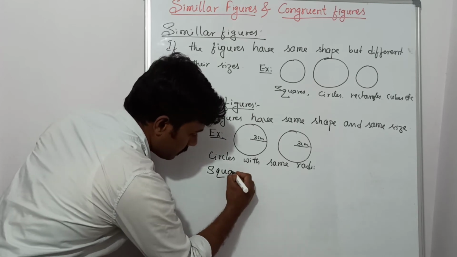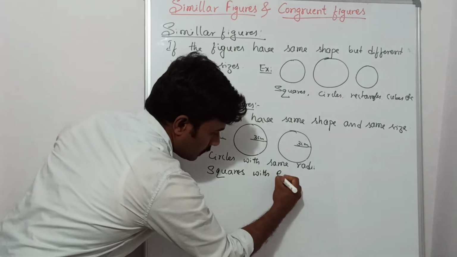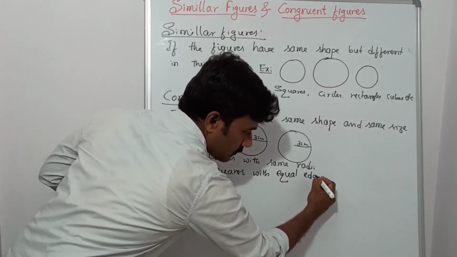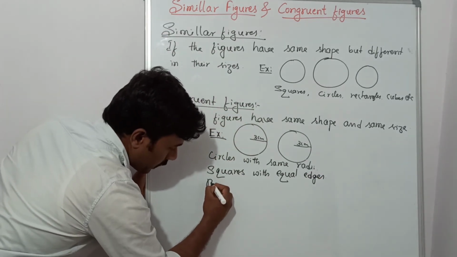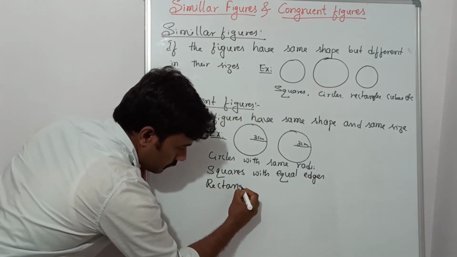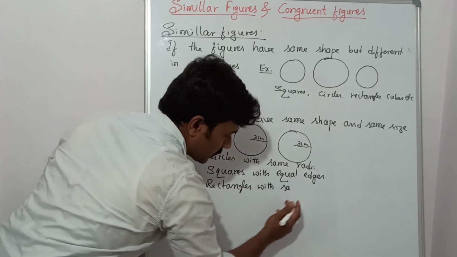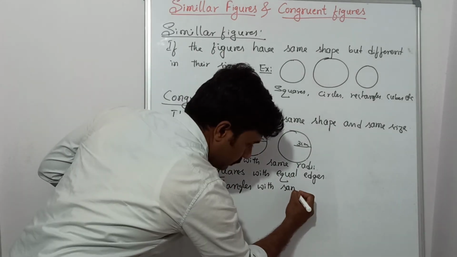or equal edges. Squares with equal or same edges. Edges means sides. Then rectangles with the same dimensions. Length and breadth should be the same for all the rectangles.